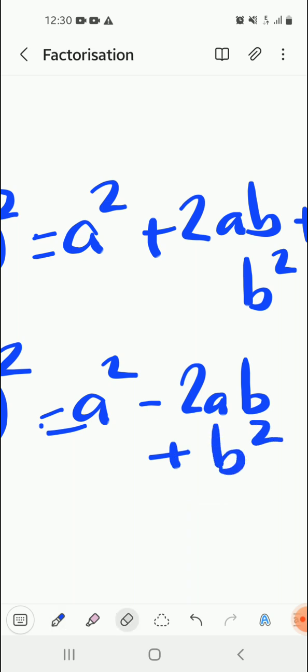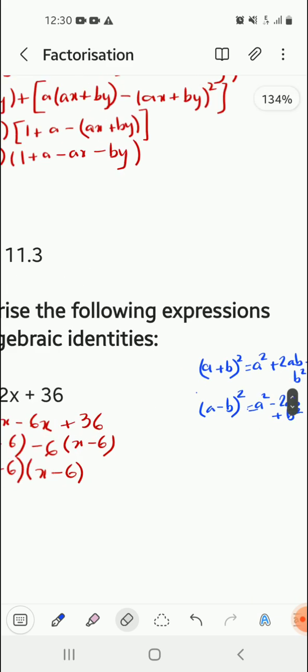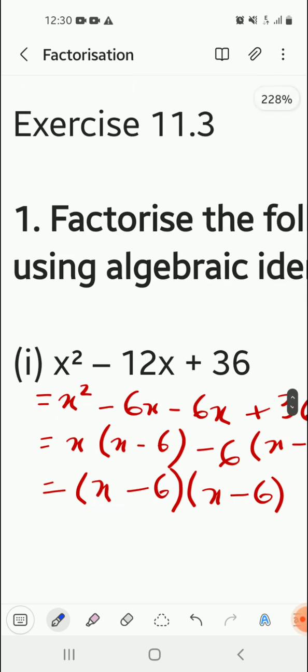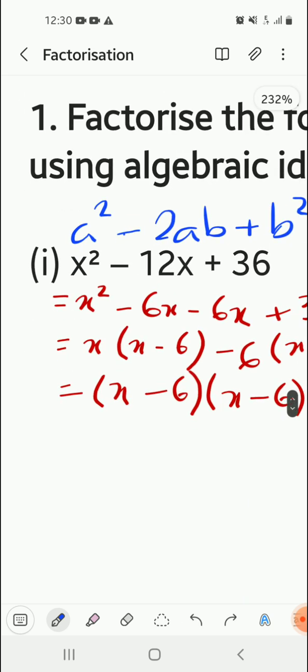Now see, here these two identities, try and match the given expression with the identity. See, this is somewhere the a square minus 2ab plus b square formula. It resembles something like that. In that case, if a square is x square, it means a will be only x.